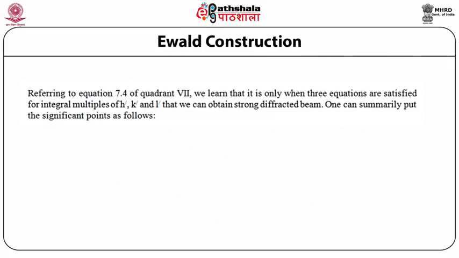Referring to equation 7.4 of module 7, we learn that it is only when three equations are satisfied for integral multiples of H prime, K prime and L prime that we can obtain a strong diffracted beam. One can summarily put the significant points as follows.